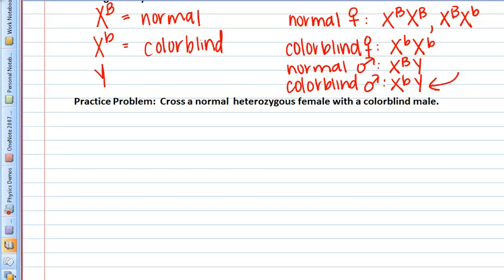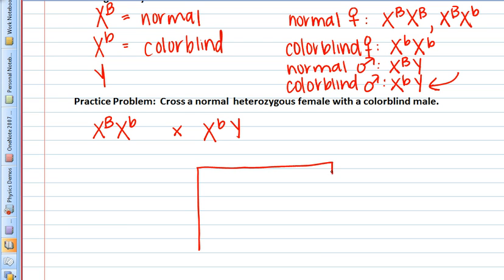In this case, we want to cross a normal heterozygous female. She would be X big B because she's normal, X little b because she's heterozygous, and we're crossing that with a colorblind male. He would have to be X little b, Y. When we write out the Punnett square, we have to keep the X's together with whichever gene they're carrying.